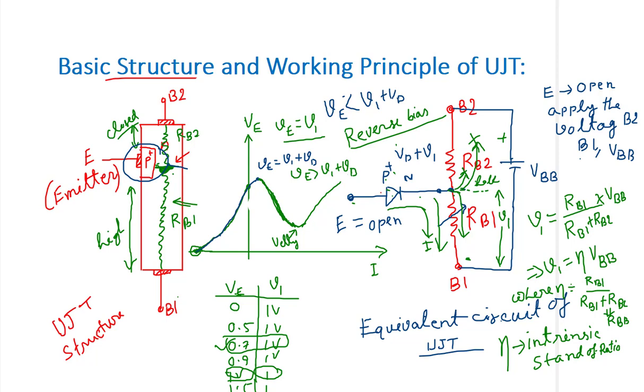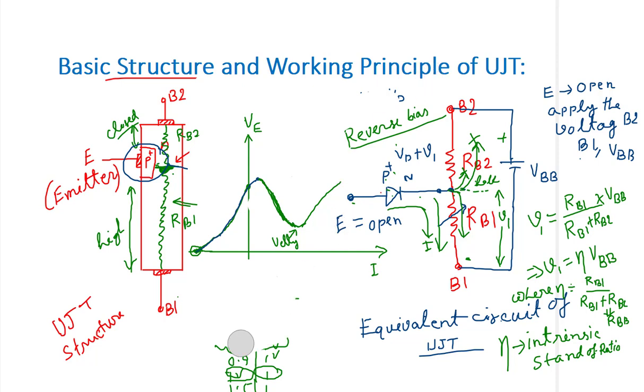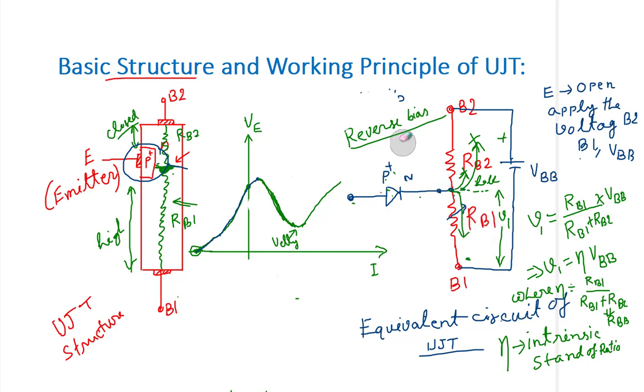So we summarize this waveform. From this waveform, this is the negative region, where the voltage is actually dropping.